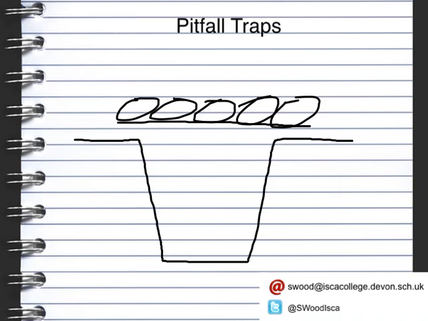So if you are going to keep the organisms alive, then it will keep them safe. Sometimes at the bottom you can put alcohol in that will kill the organism if you want to keep them, or detergent to prevent them from escaping, because some organisms, as you can imagine, might be able to climb up the side and get back out.